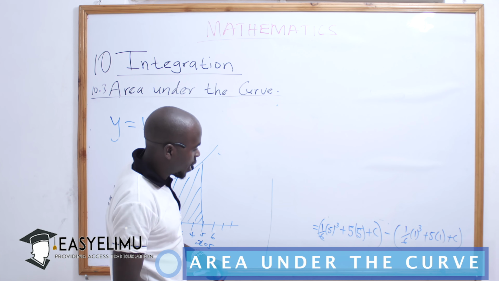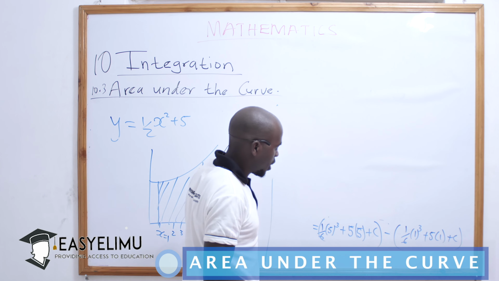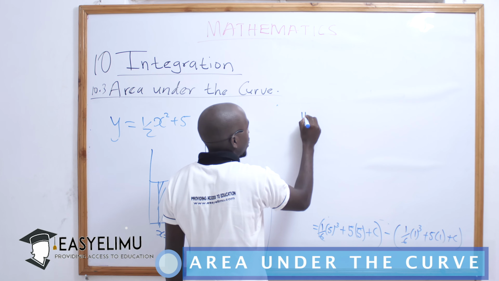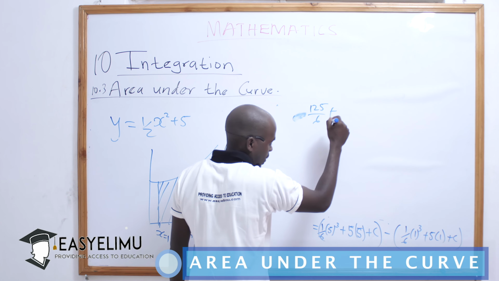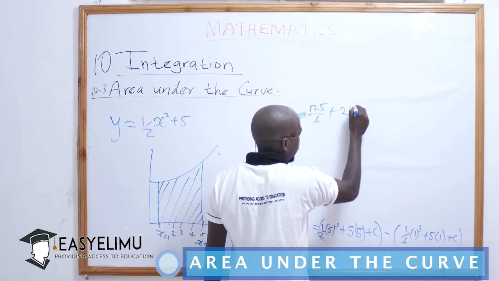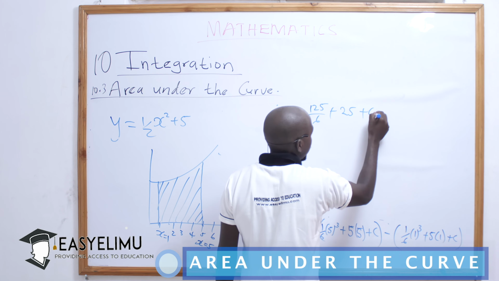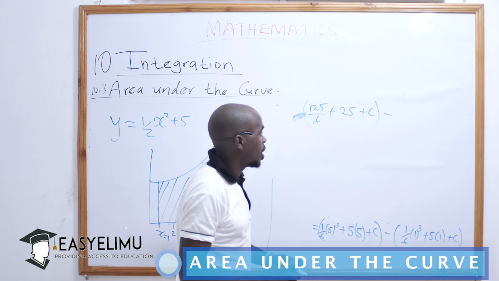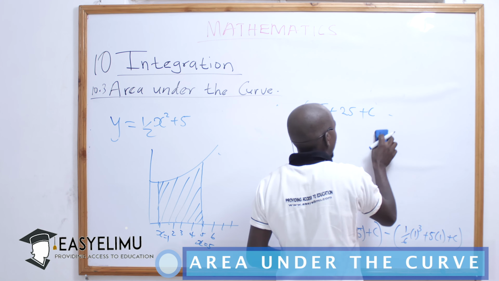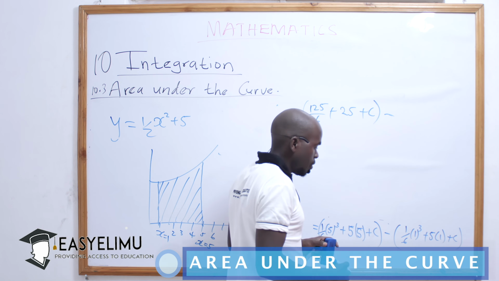We can identify that 5 cubed is 125, so we have 125 over 6 plus 25 plus c. Then we subtract. Actually, it's better to remove the brackets.